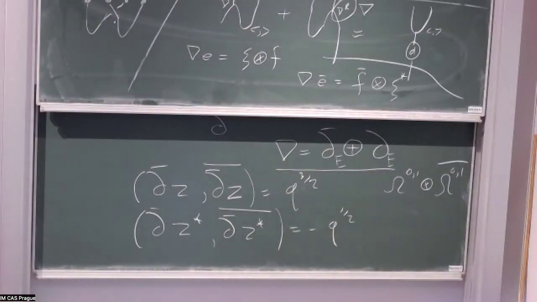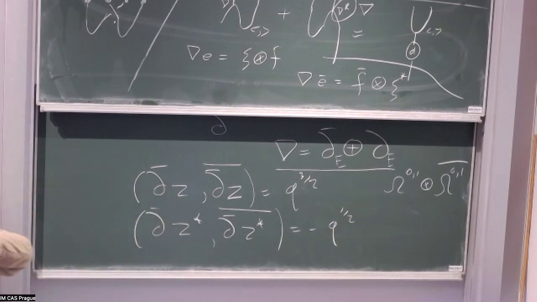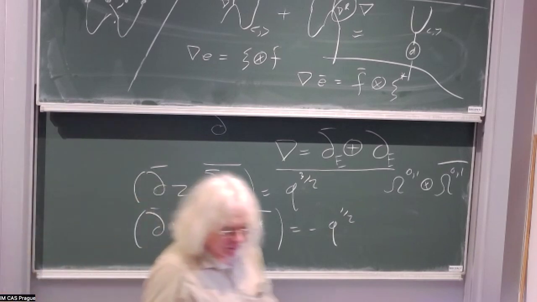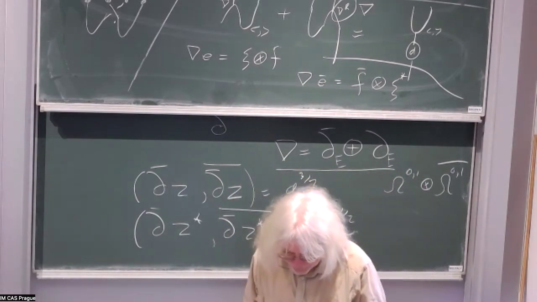And this is a connection which does not descend, but it basically has a metric preserving connection for which all of these nabla of all of these D's of Z's or Z star are equal to 0. So that's really, in some senses, quite a boring connection, but hey, it satisfies all the rules.